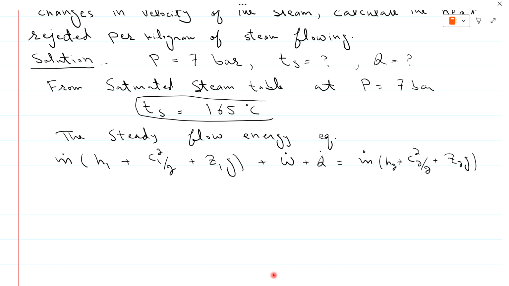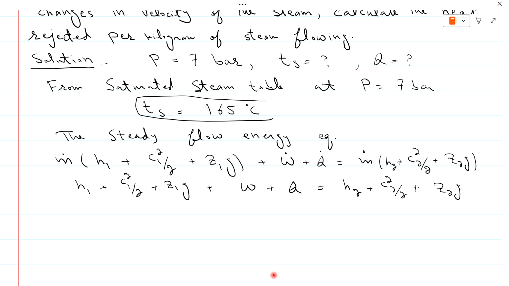As the values are in the unit of kilojoule per kg, we neglect the term m dot, so we write this equation as h1 plus c1 square by 2 plus z1g plus w plus q is equal to h2 plus c2 square by 2 plus z2g.